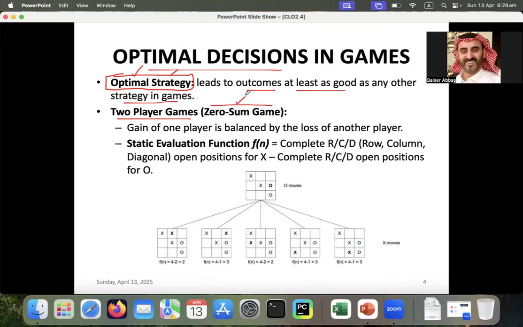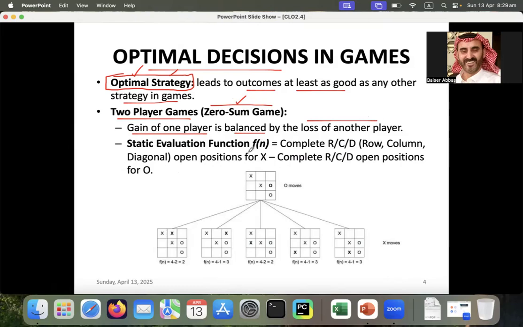In these games, if at some state one player is gaining, the other player is losing. So the gain of one player is balanced by the loss of the other player in this category of games.